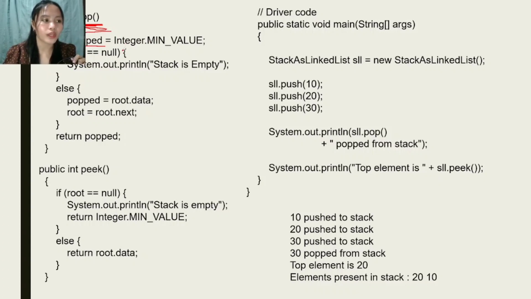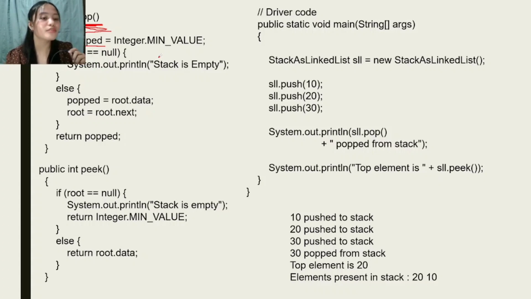In our pop, we stored Integer.MIN_VALUE. Integer is a class, and Integer.MIN_VALUE is a constant holding the minimum value an int can have.